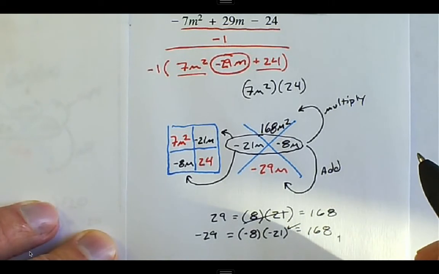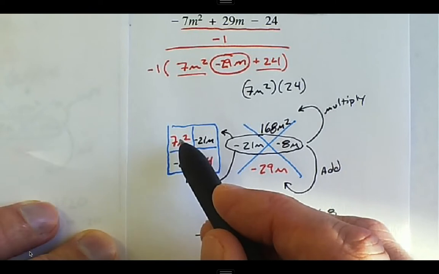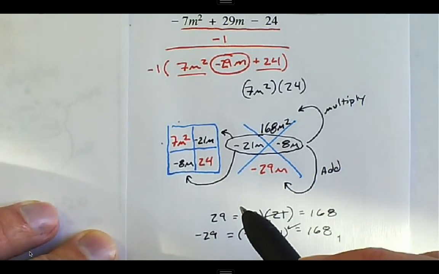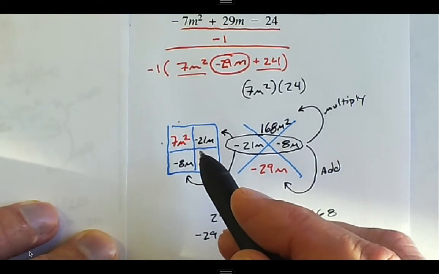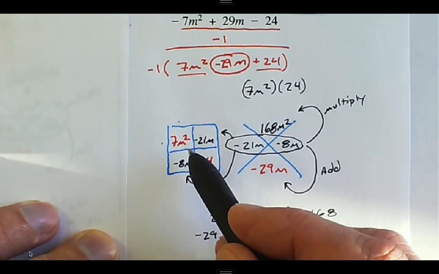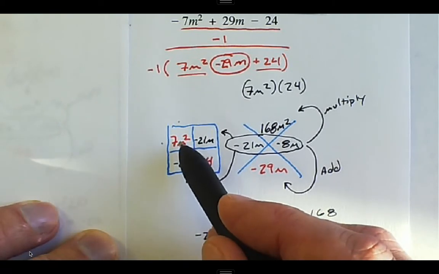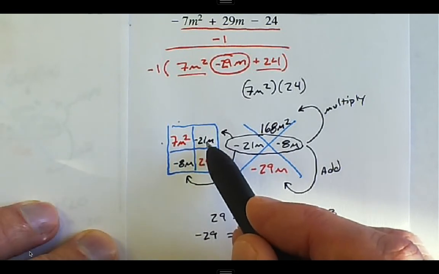Now we use our algebra tiles to figure out what goes there. So in order to make this box, we need a number up here and a number over here. And because we have 7 as our coefficient, we know that 7 times 1 is the only one that's going to work. So we have to ask ourselves, does 7 go into negative 8 or does 7 go easily into negative 21?